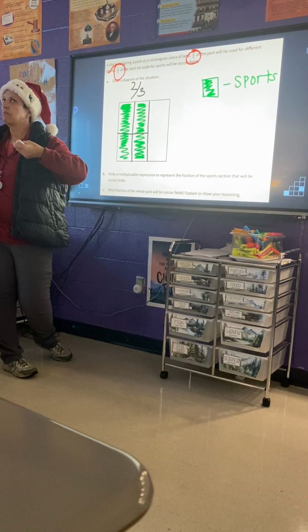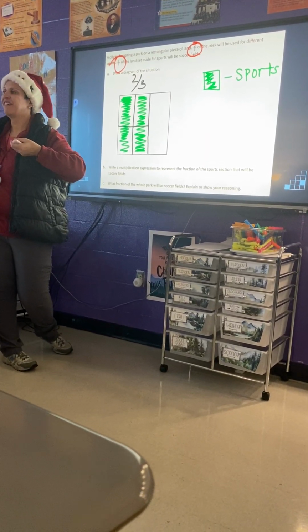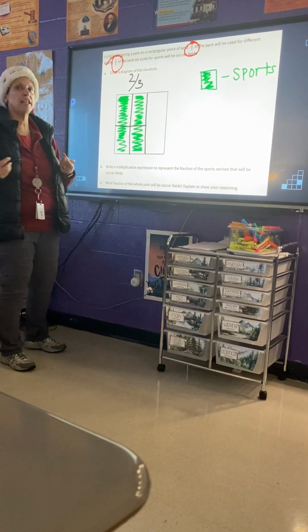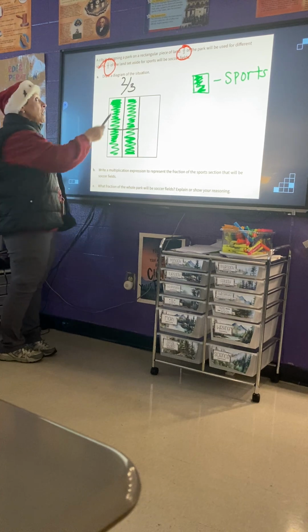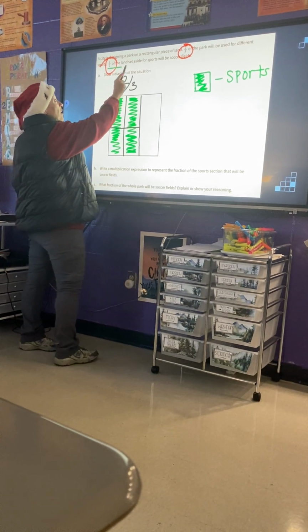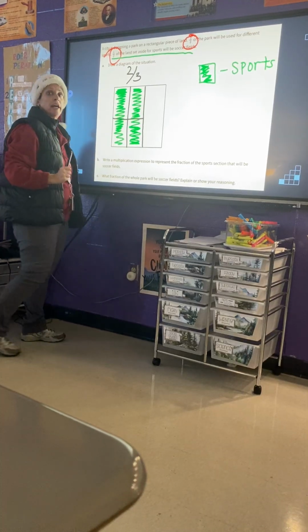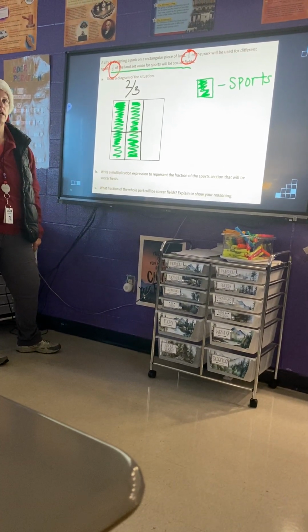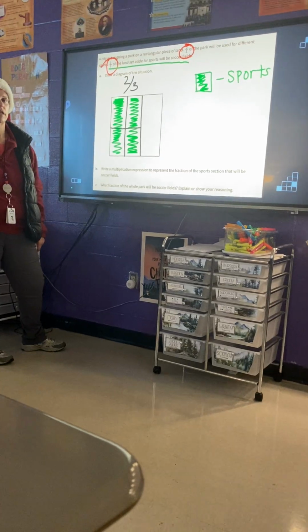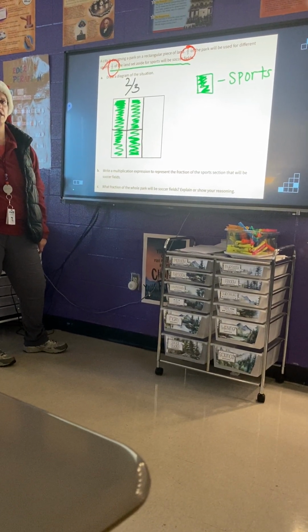Draw a stick. Jace, what is that land going to be used for? What is that land going to be? One half of the land set aside for sports is going to be used for what? It's written. Can you see it? What's it used for?